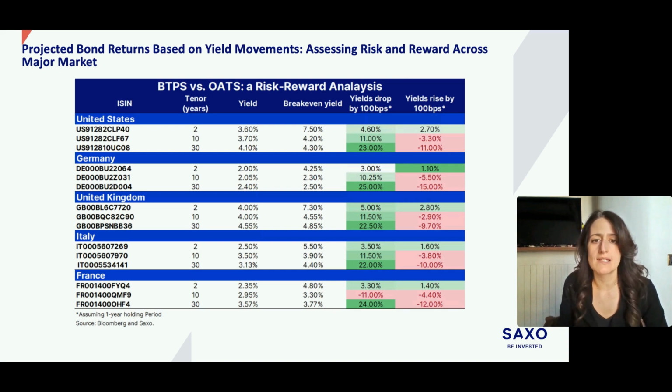Does it make sense to buy bonds today that yields have tumbled so much? My answer to that question is, well, it really depends what you're looking at and what is your goal.